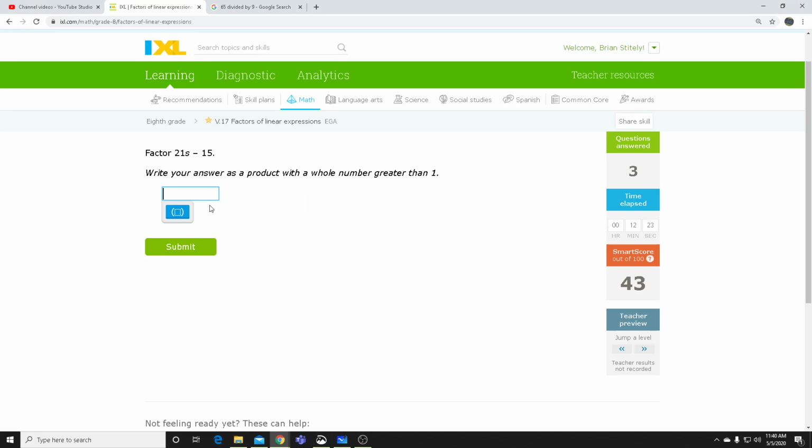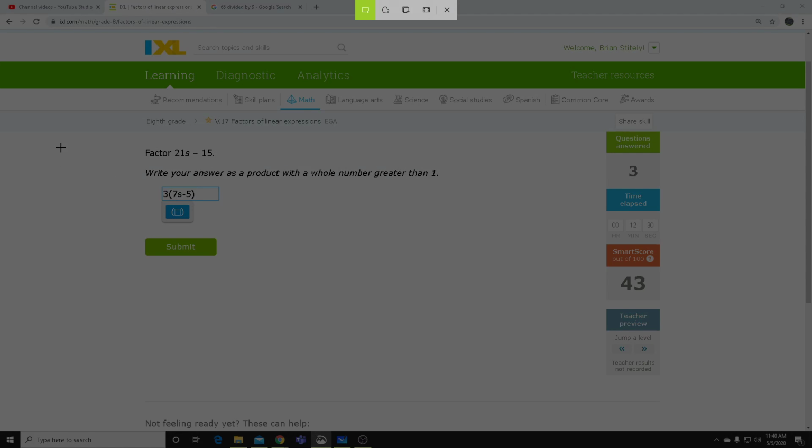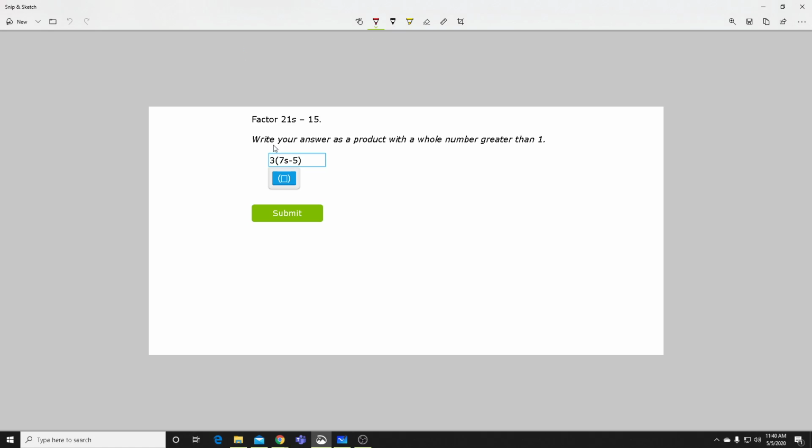So let's try this out. I'm going to write this in, but real quick, I'm going to show you how you can check your work too, because I did say this is the distributive property in reverse. So if we did this right, we should be able to distribute this 3 through and get what we started with.